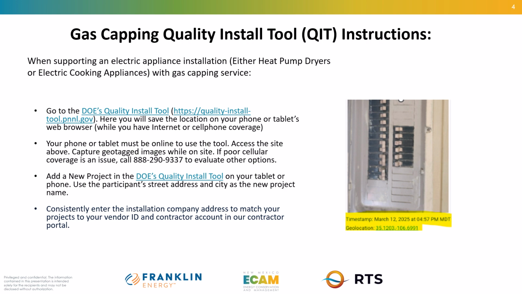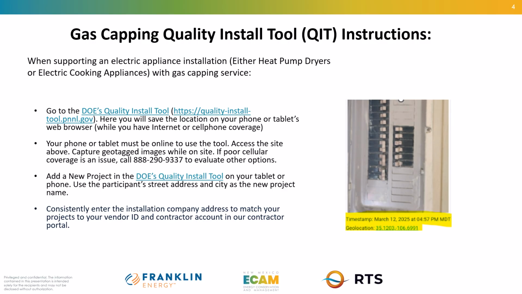Your phone or tablet must be online to use the tool. Access the saved Quality Install tool from your device to test online connection. Capture geotagged images while on site. If poor cellular coverage is an issue, call the ECAM call center at 888-290-9337 to evaluate other options.